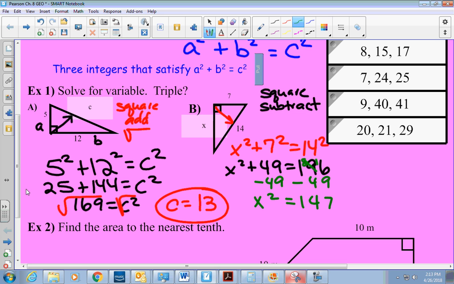So in this case, we're just going to throw that into our calculator. The last step is going to be square root.